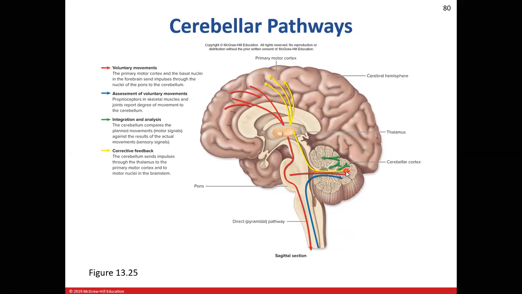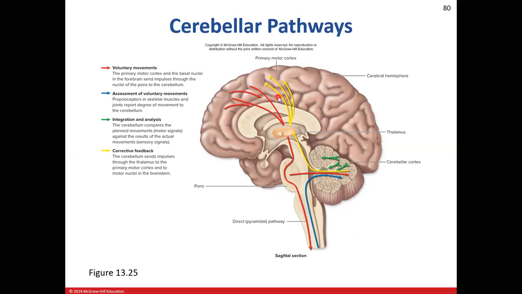We'll also notice the blue information. This is the proprioceptive input that comes from our joints, our muscles, our ligaments, tendons, and it comes up the spinal cord and it enters the cerebellum. From here, we now take the information and integrate it and analyze it. So it's processing both motor signals and sensory signals, processing all that information, and then sending some corrective feedback back up to the brain.